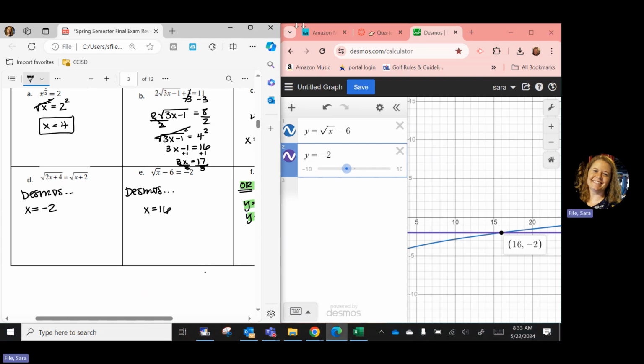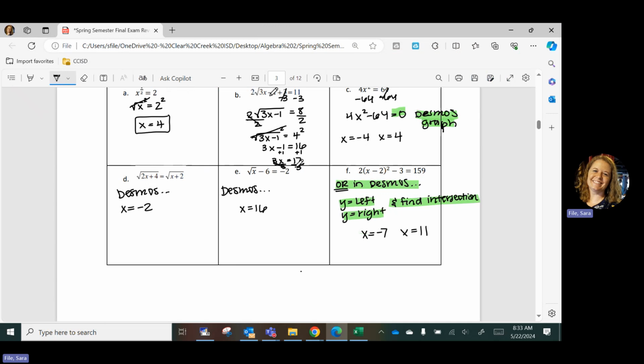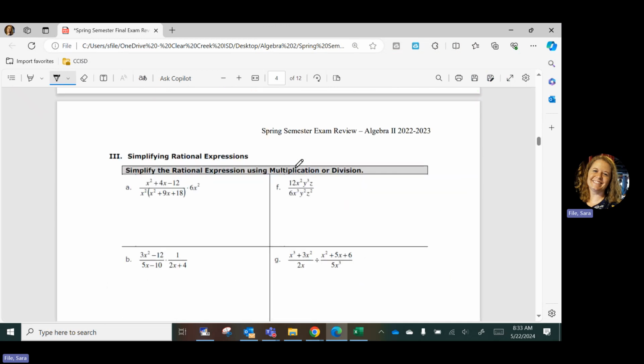All right, let's see what's next. That was square roots. All right, rational. This is the most recent thing that should be on your brain because this was unit 12. This is what we most recently tested on just last week. So simplifying rational expressions. You can look back at your unit 12 notes. We talked about add, subtract, multiply, divide rational expressions.